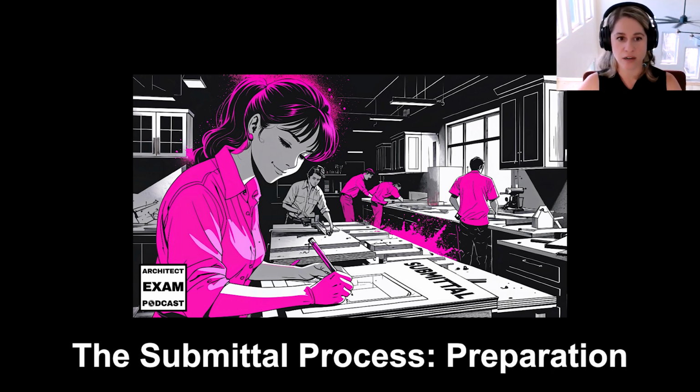Next is preparation. Once there's a plan in place, subcontractors are going to gather information from various suppliers and manufacturers and start preparing the required documents and samples for their scope of work. So for example, the general contractor may engage with an electrical subcontractor and let them know what submittals are required from them. Then the electrical subcontractor is going to go out and collect product data sheets for the light fixtures that they're curating for the project and submit that to the general contractor.